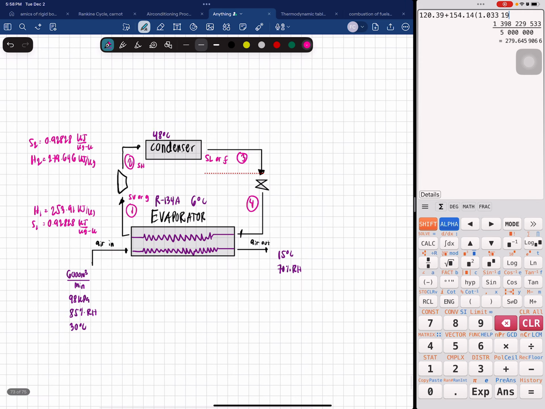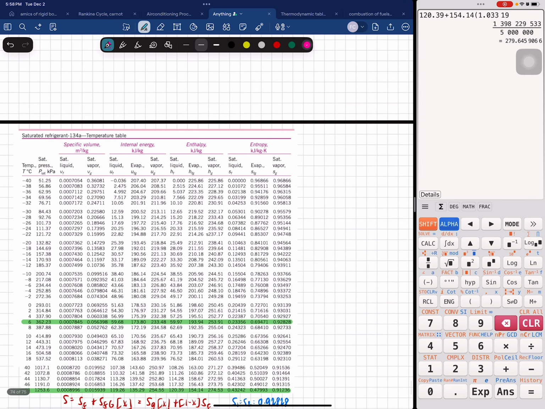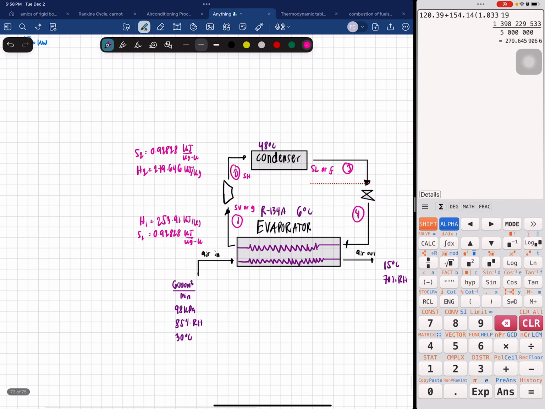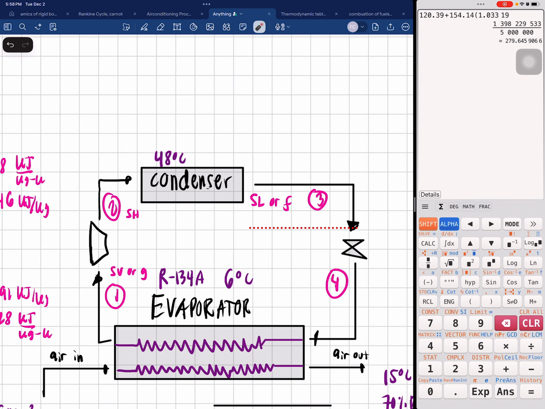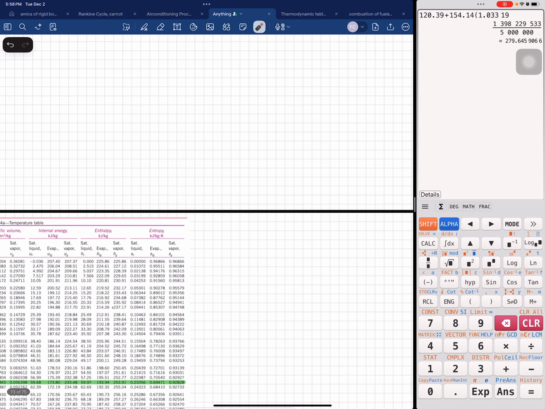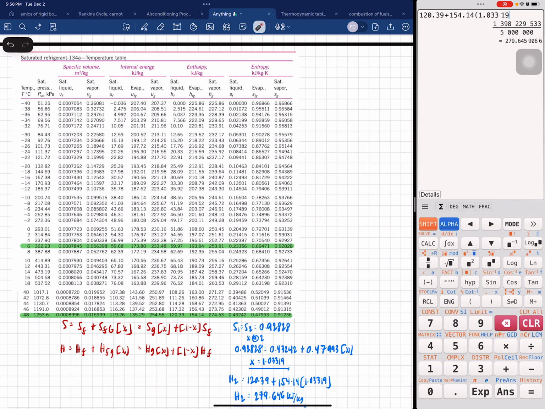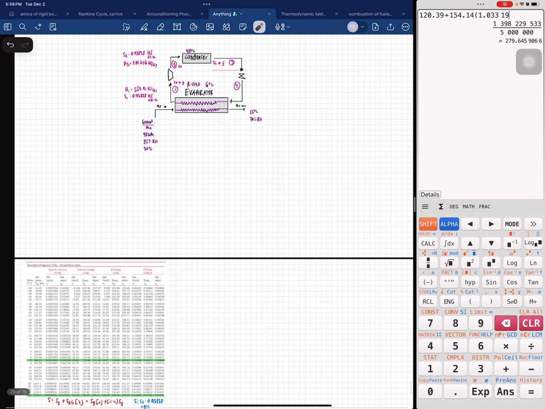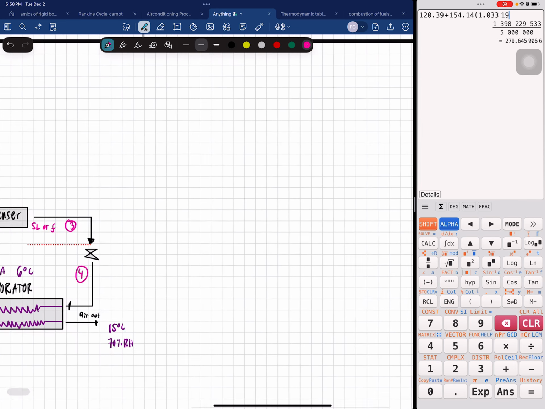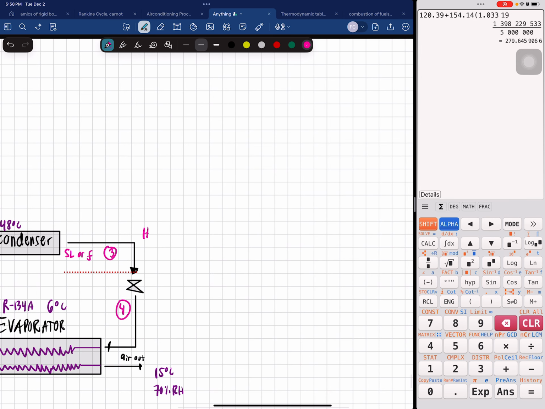H3 is your saturated liquid value at 48 degrees Celsius, since it's coming out at 48 degrees Celsius. Okay, at 48 degrees Celsius it came out as saturated liquid. So 48 degrees Celsius, saturated liquid. Okay, it's 120.39 kilojoules per kilogram.